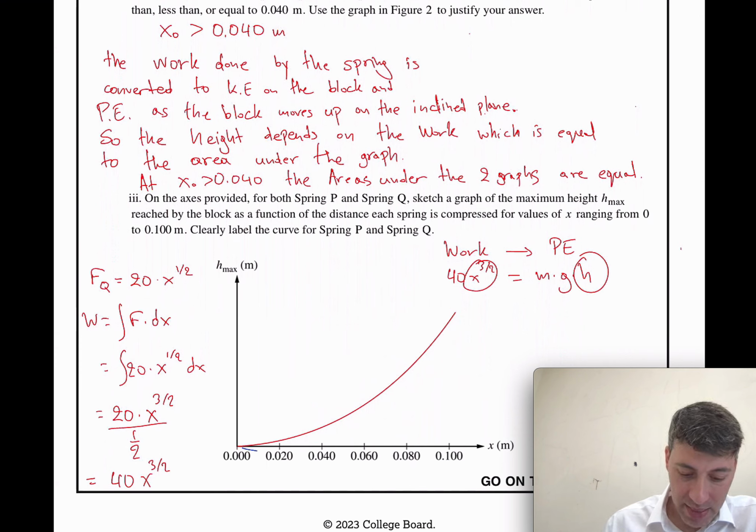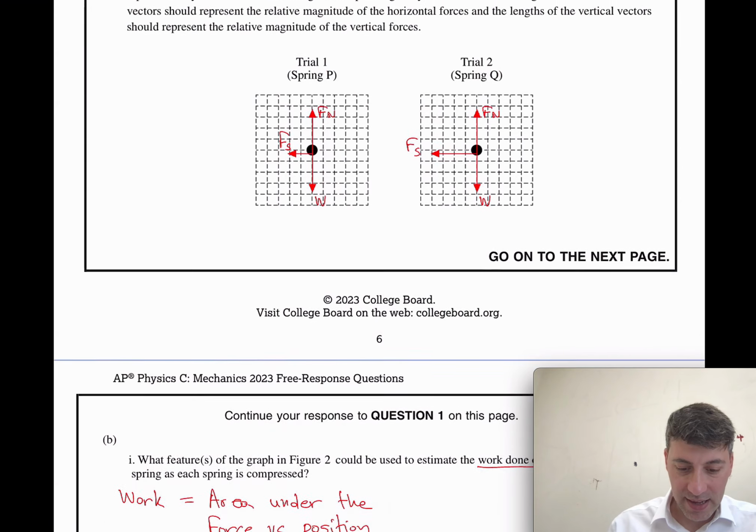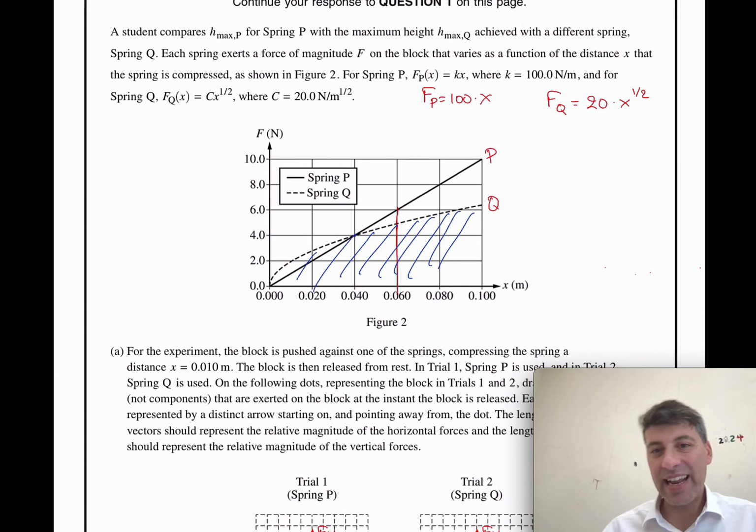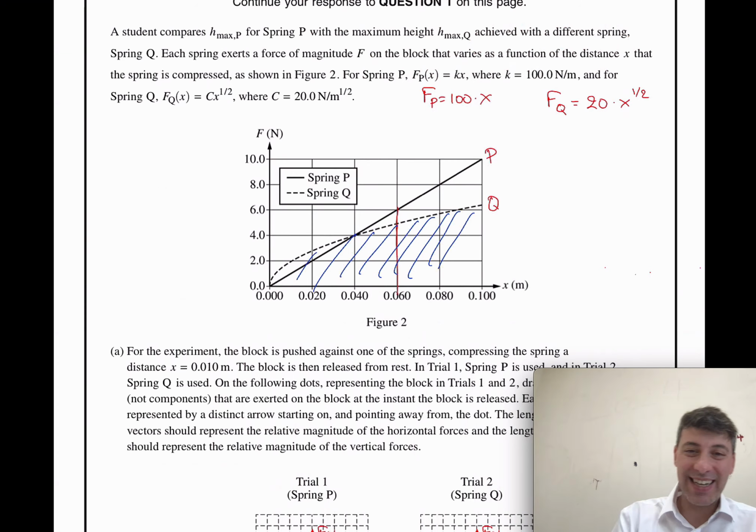It resembles a parabola that has a faster way of going up. However, sorry for that, let me change it. If we check the graph, the area under Q eventually will be less than the area under the graph of P. Since there is less area, there is less work, and since there is less work, there is less energy.